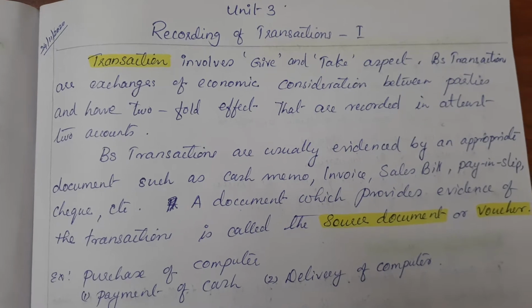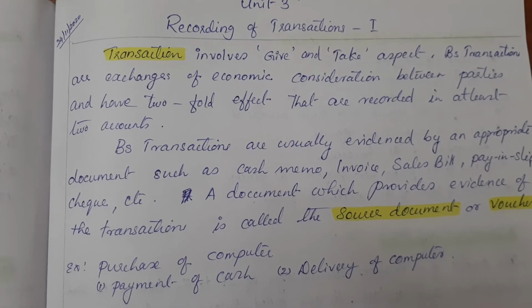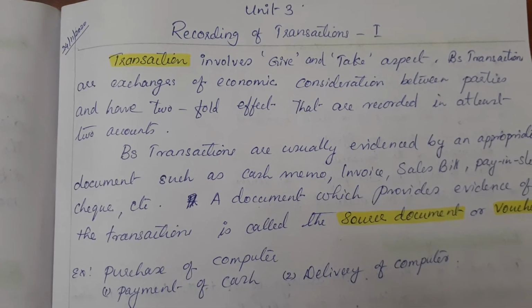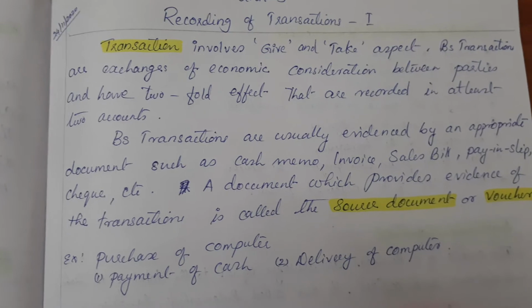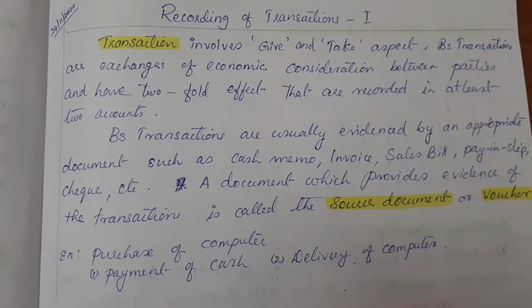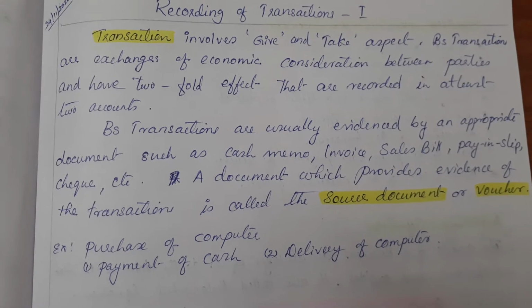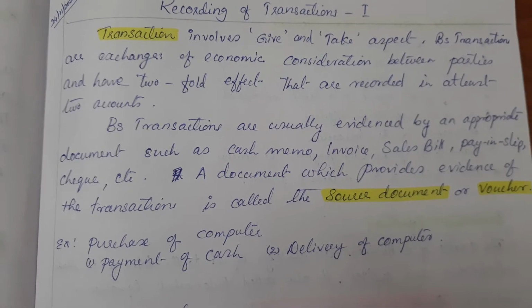A transaction involves a give and take aspect. We already learned the dual aspect: each transaction has two sides, two effects. Business transactions are exchanges of economic consideration between parties and have a twofold effect that is recorded in at least two accounts.